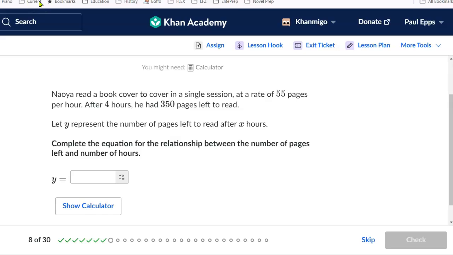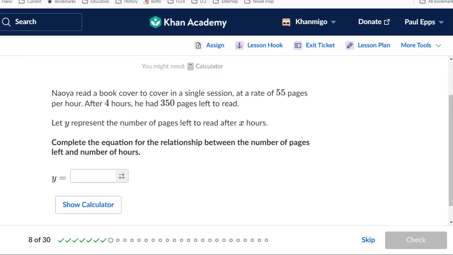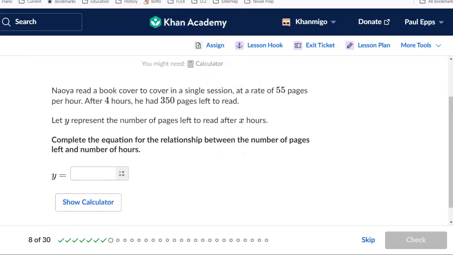Okay, well, I think we can only solve it for this one book. So he's reading 55 pages an hour. After 4 hours, he had 350 pages left to read. Well, after 4 hours, he's read, wait, where's my pen?